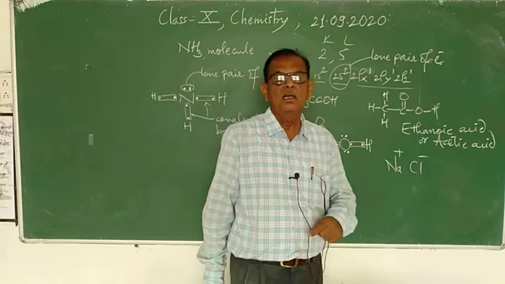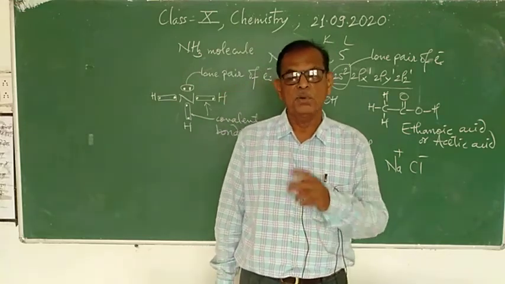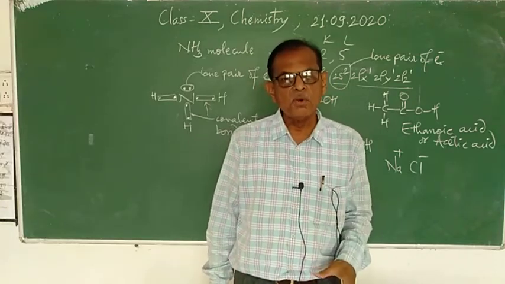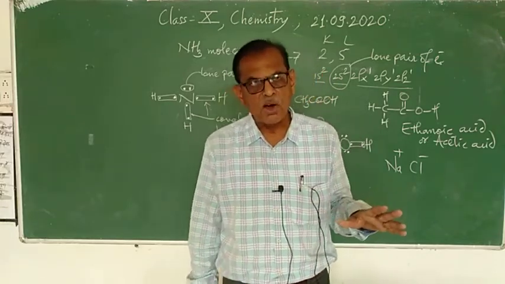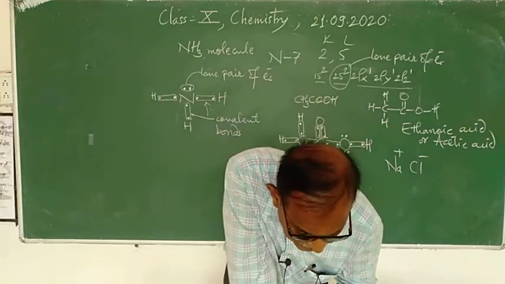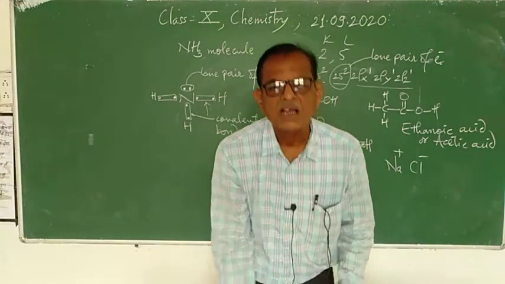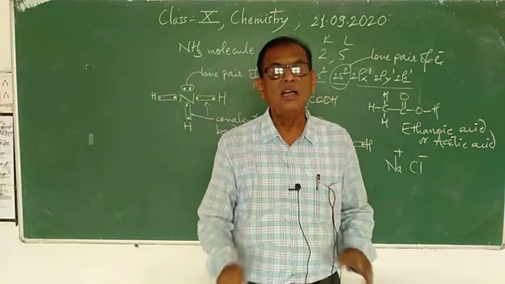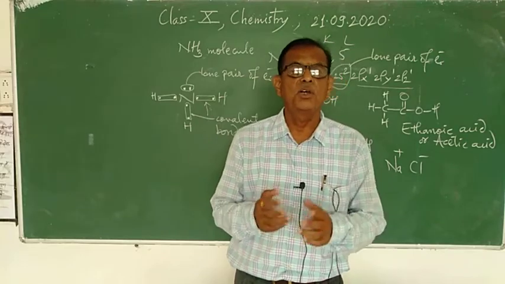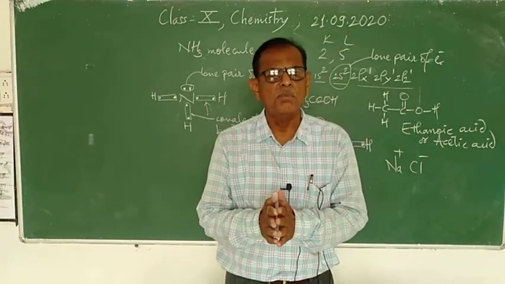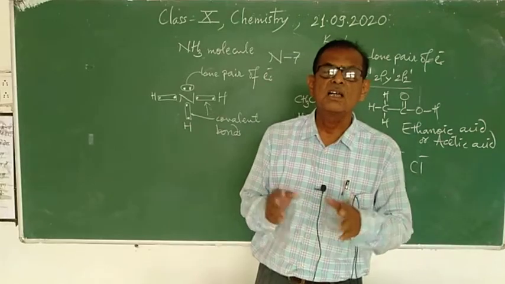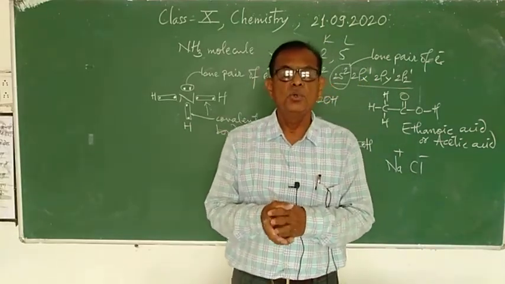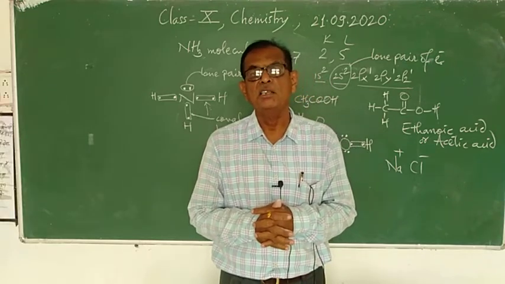But in covalent bonding, no charged particles are formed, and therefore such covalent compounds are poor conductors of electricity, as almost all organic compounds are, because there is no formation of charged particles.